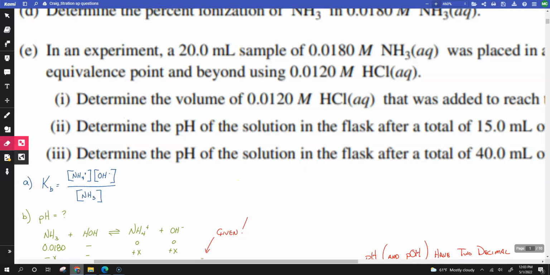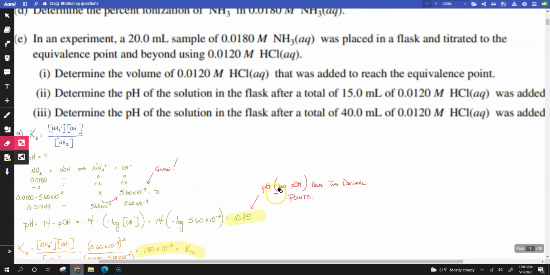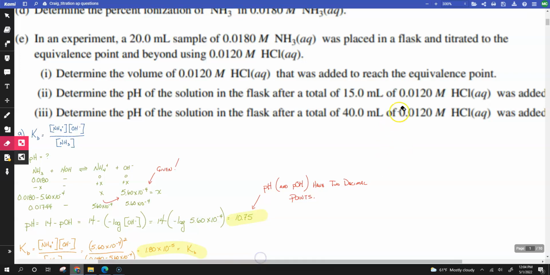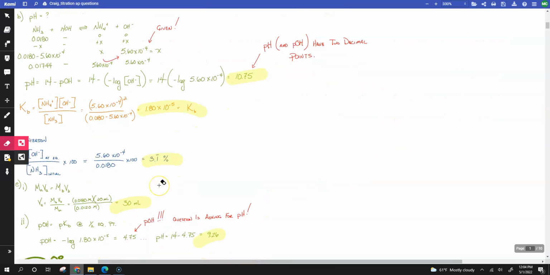Okay. Part II asks, determine the pH of the solution in the flask after a total of 15 milliliters of the strong acid was added. Whoa, 15 is half of what we just found.